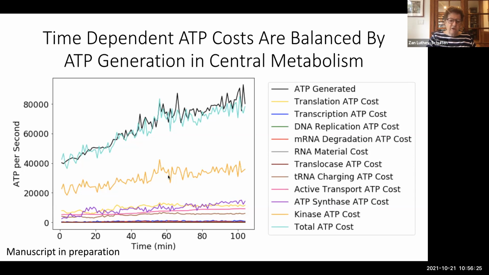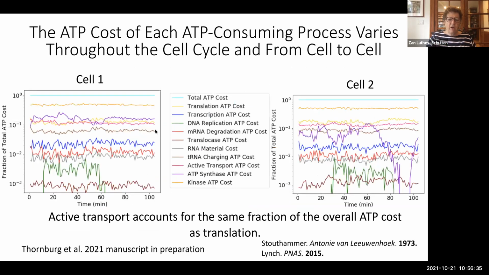So this is an interesting way to look at it, but we prefer, and the top two curves are just showing you generation and total ATP costs, to normalize this to 1, the ATP costs. We just want to see what's the fraction of each of these, because I think it gives you a better feel for it. And then a few things just pop out.